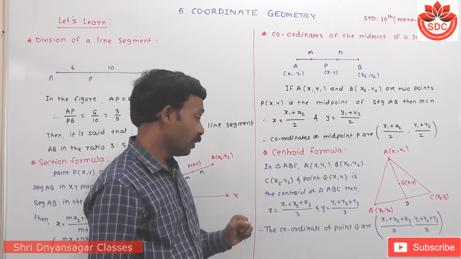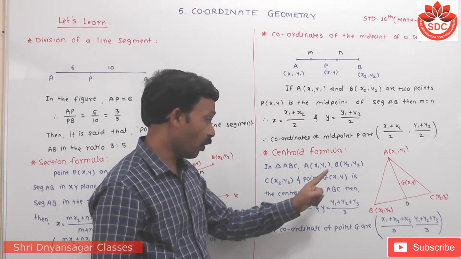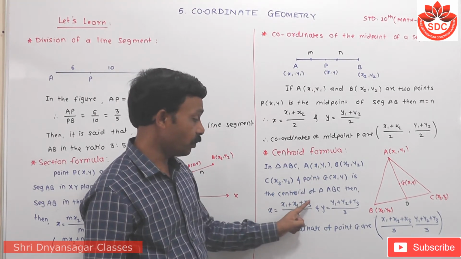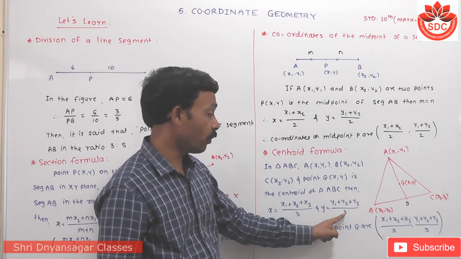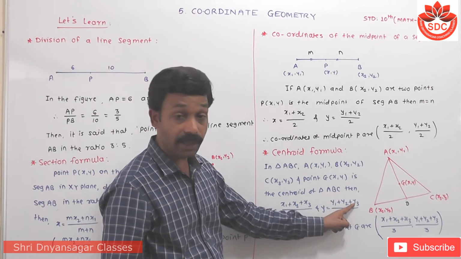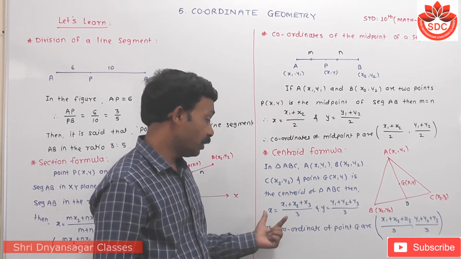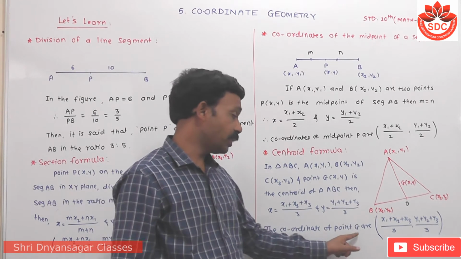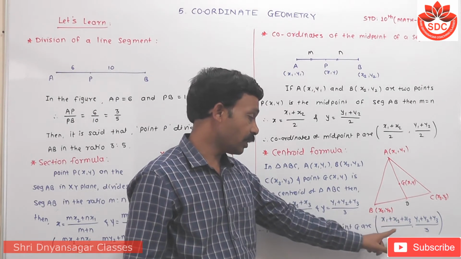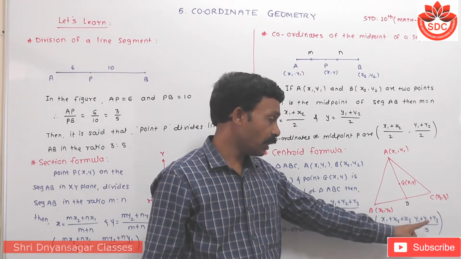Then the formula for the centroid: the x coordinate is (x1 + x2 + x3) upon 3, and y is (y1 + y2 + y3) upon 3. Students, this is the pair for the centroid. So the coordinates of point G are ((x1 + x2 + x3) upon 3, (y1 + y2 + y3) upon 3).